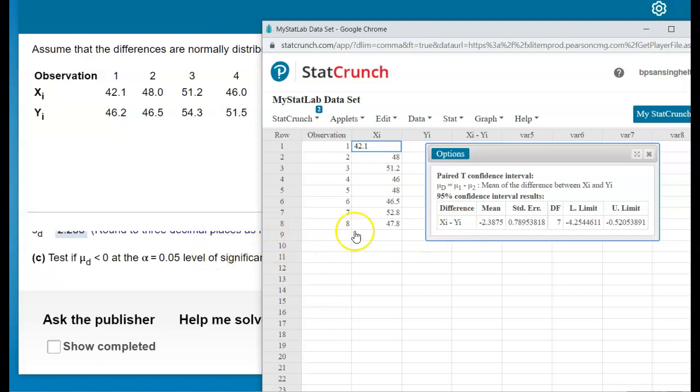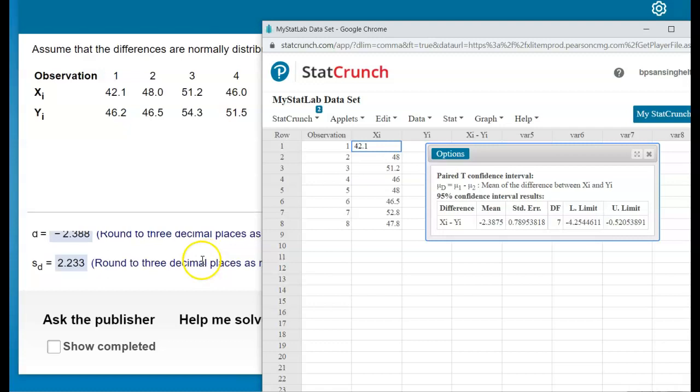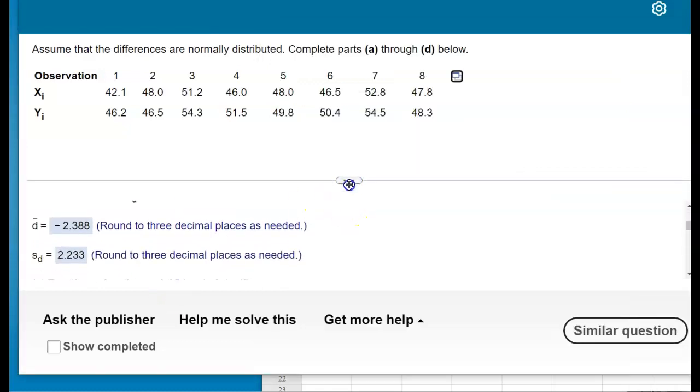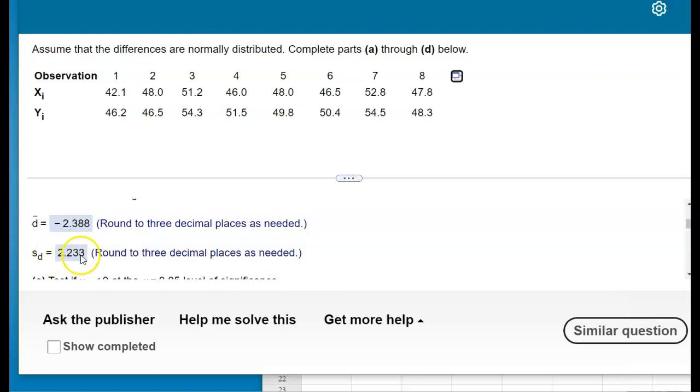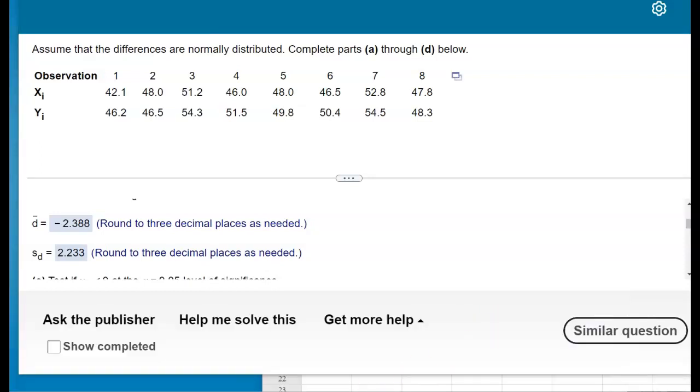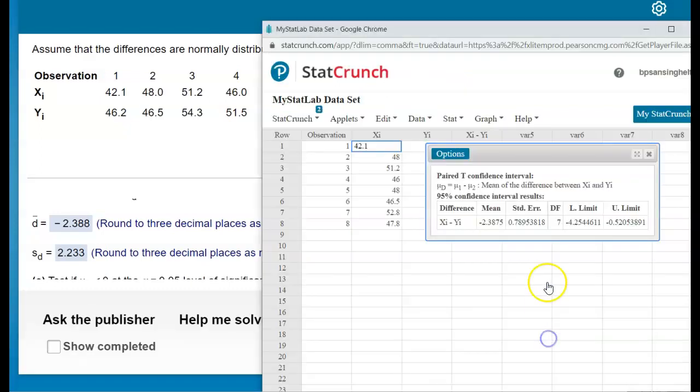Notice that this is a different number than the standard deviation that we found. Our standard deviation of the differences is 2.233. And if you look at the output from my StatCrunch, the standard error is 0.789.